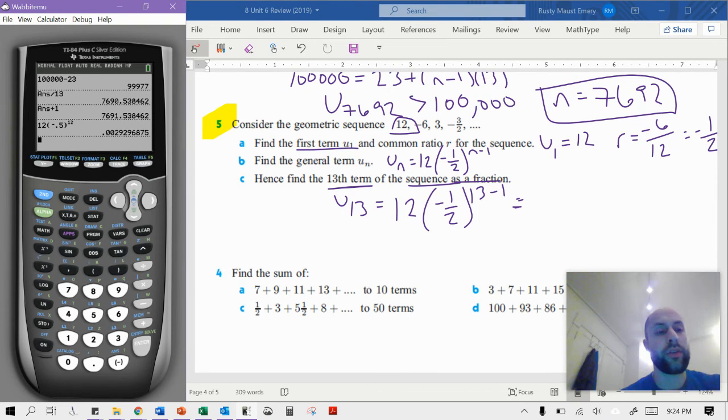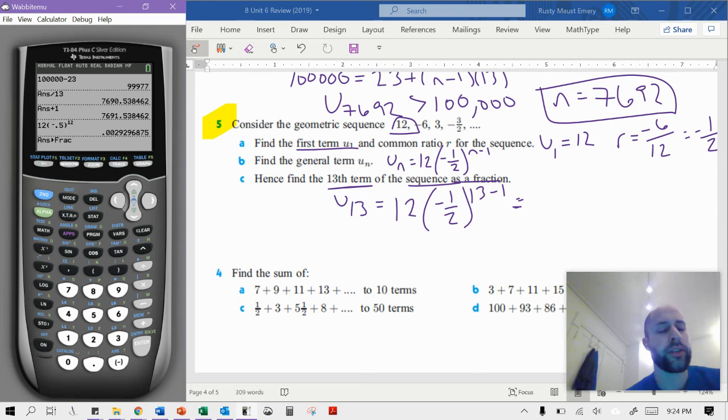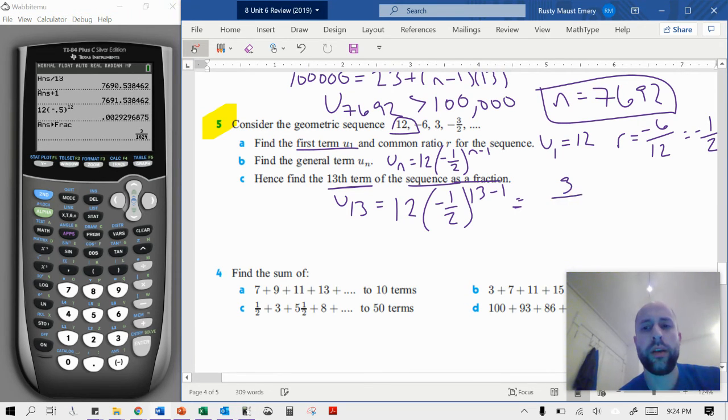But remember your calculator, so I can do second, and the negative button gets you the previous answer, right? So the previous line, and then go to math, and then the first option, fraction. So math, fraction, and we end up with 3 over 1024 as a fraction.